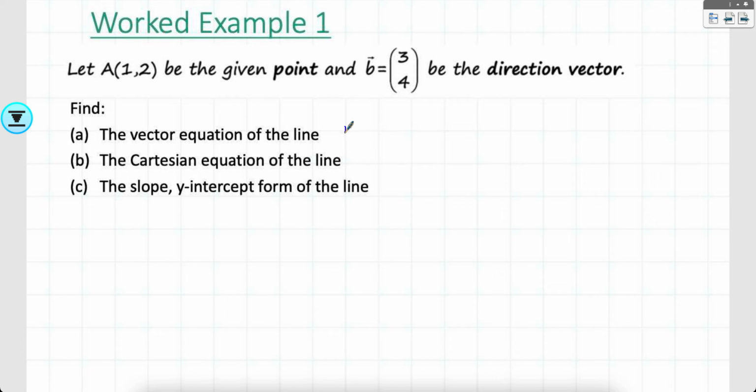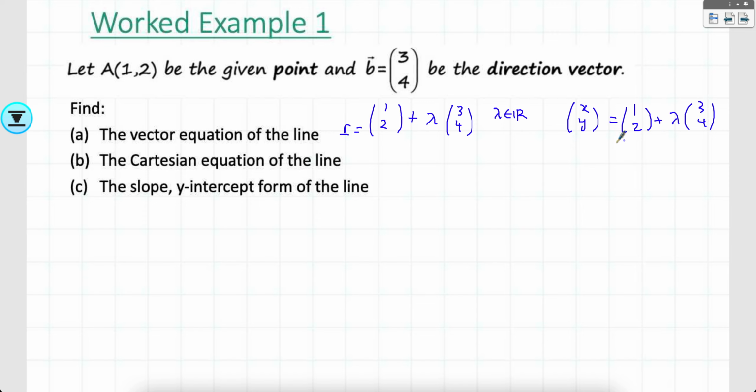I could write this as r equals (1, 2), that's the point I wanted to go through, plus lambda (3, 4), and that's it. Lambda is a real number, so quite straightforward. Instead of writing r, you can say (x, y) equals (1, 2) plus lambda (3, 4). So that's the vector equation of the line.